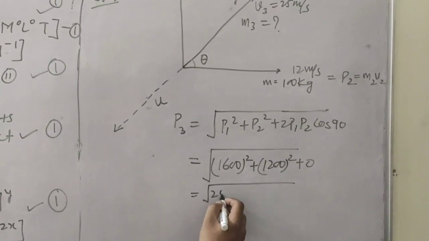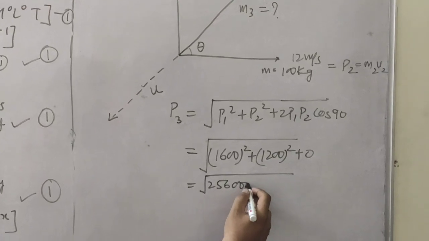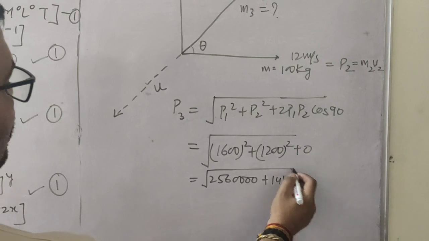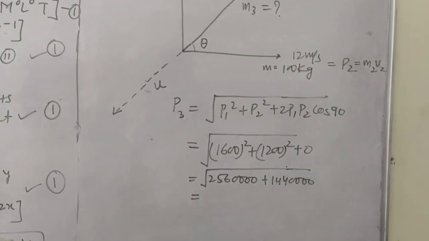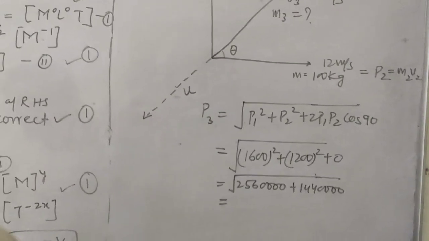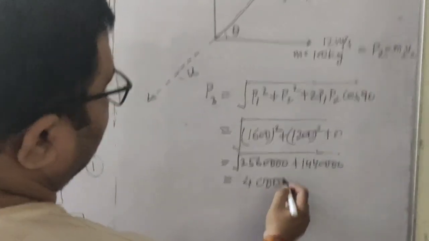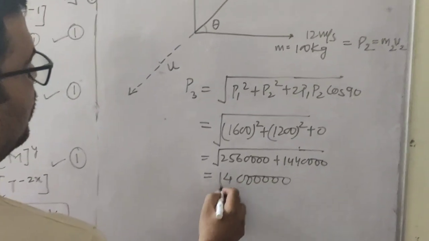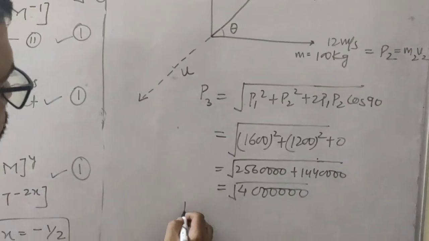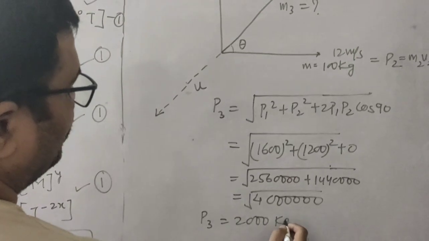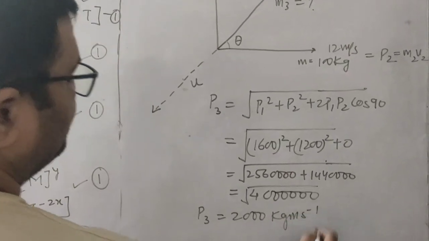So this is 256 plus 144, so this is around 40 lakh. That means P3 is equal to 2000 kilogram meter per second.